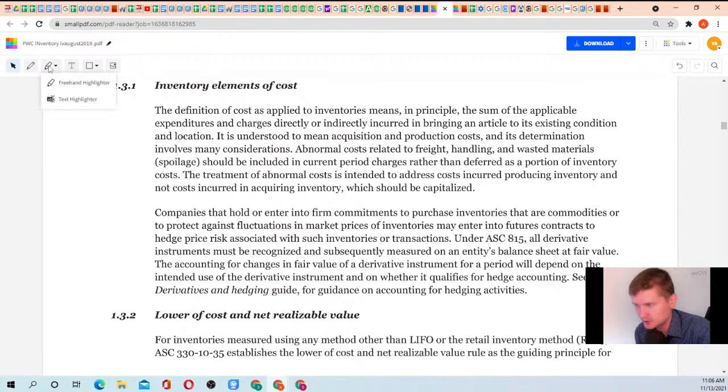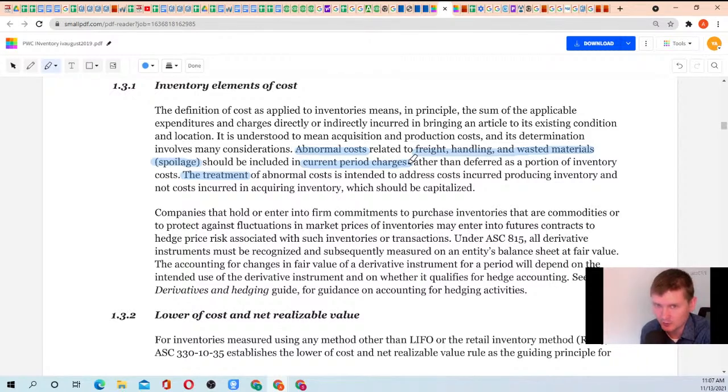It is important to note here that abnormal costs, such as wasted materials, spoilage, or any abnormal freight or handling which is not the normal course of the business, should be included in current period expenses, not capitalized in inventory. Any spoilage, you just write off when you identify it.